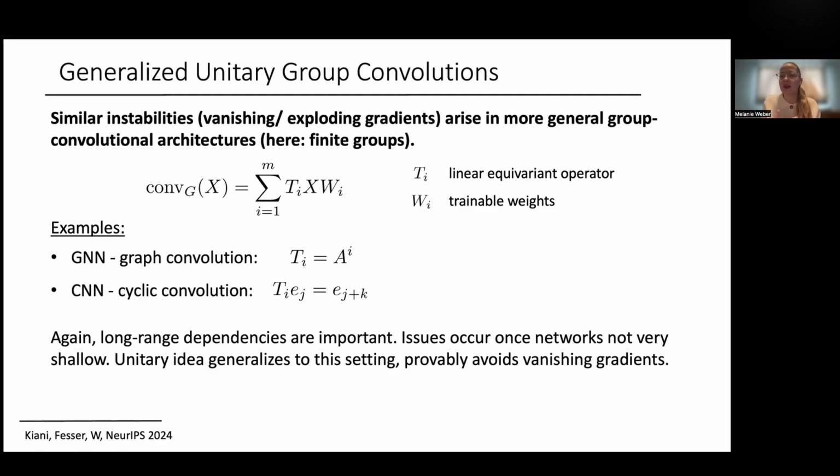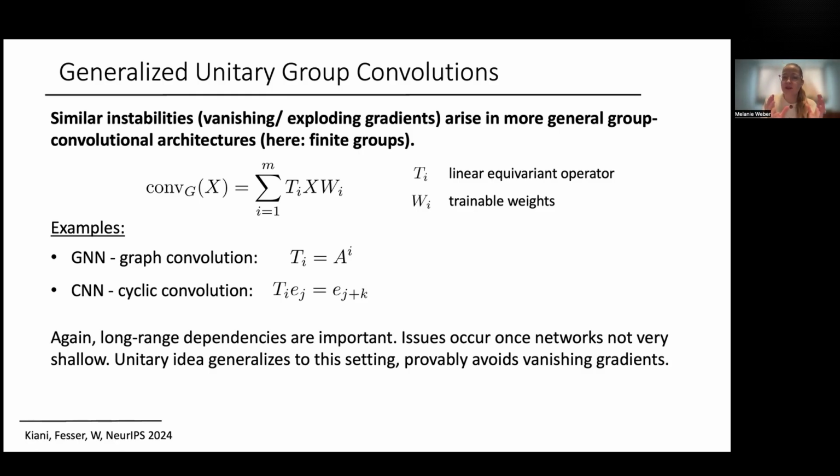So if you think of group-convolutional networks that implement symmetries as inductive biases beyond the permutations that are the inductive bias of graph neural networks, in these structured architectures we also very often see similar instabilities, which are here more generally known as vanishing or exploding gradients.